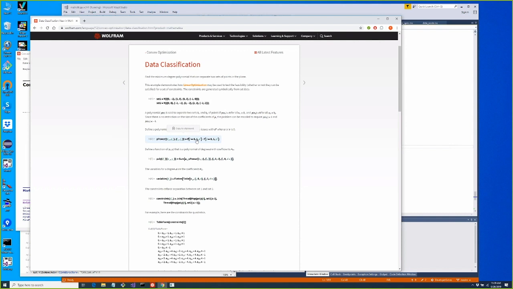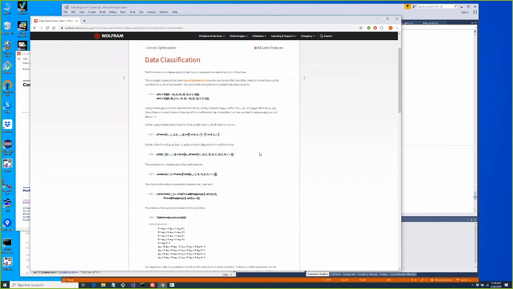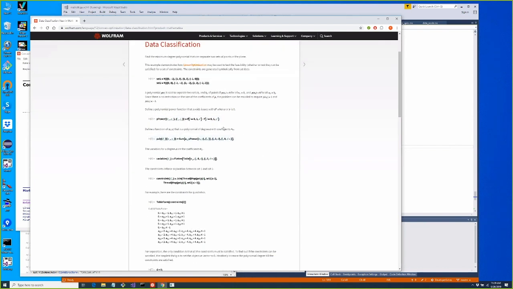So we write a special power function. Now here's a function that's a polynomial of degree d. This is just the definition of a polynomial, but I'm using this p power function instead of the standard power function to avoid the problems with 0 to the 0.